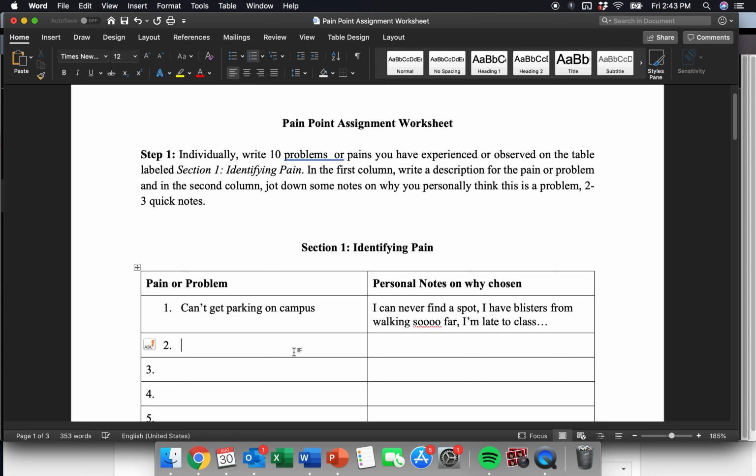So then I think of another pain or problem, something that could be annoying, it could be super bad, it could be something just silly and trivial. So, for example, another thing that drives me crazy is I keep sleeping through my alarm. Why did I choose that?